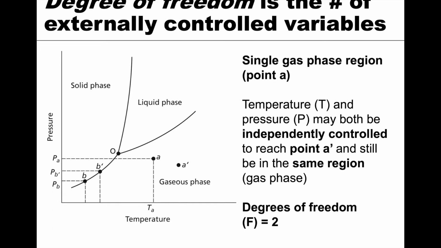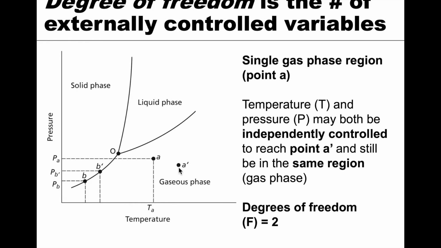If we say we're at a given point A, and we want to externally control variables, the variables that we can tune are pressure and temperature in this case. If I move from A to a point A prime, that means that I'm changing the temperature, going over here to the right, and I'm changing pressure slightly by going down.